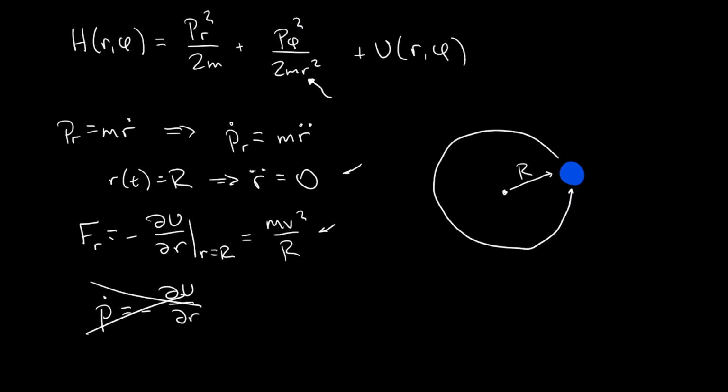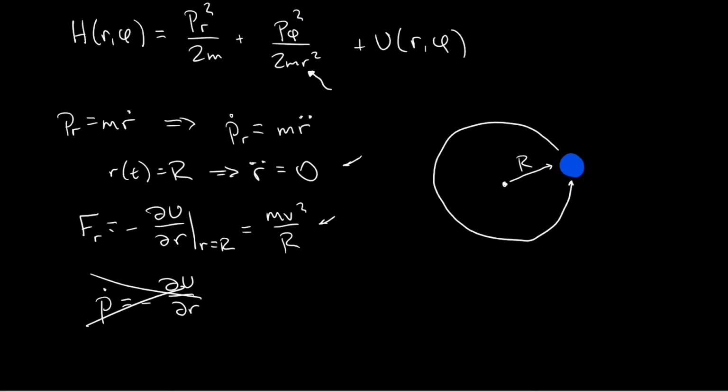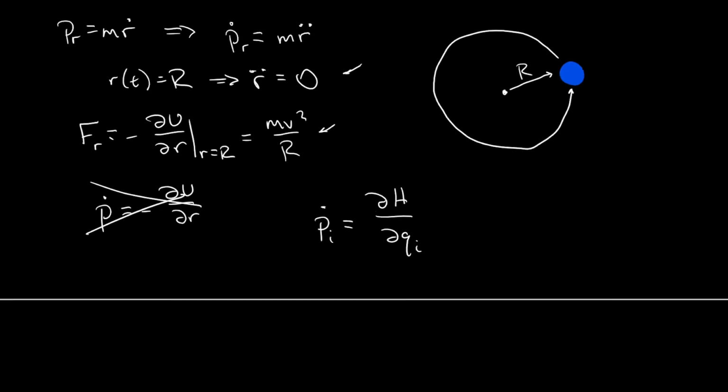So let's make another guess and do something similar, but this time take into account the full coordinate dependence of the Hamiltonian, and write down something like this. Now let's see what happens.